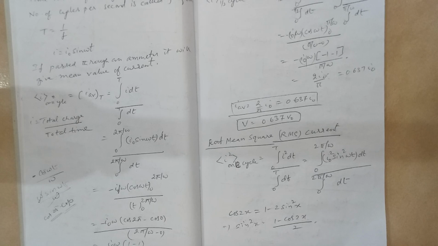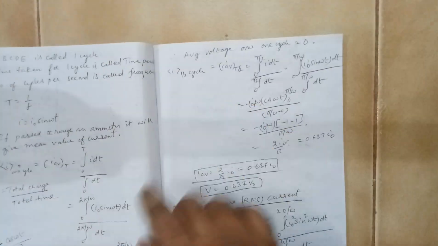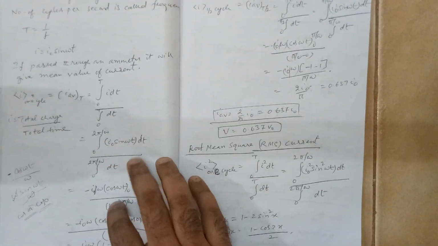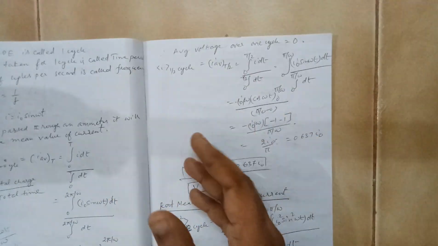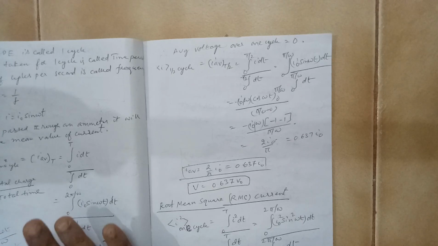We have learned KCL, KVL, all those things will be applicable here also. Only the type of current is different now. So when the average current over a cycle is 0, it means that the average voltage over a cycle, if you do the same process, you will find that it is 0 too.